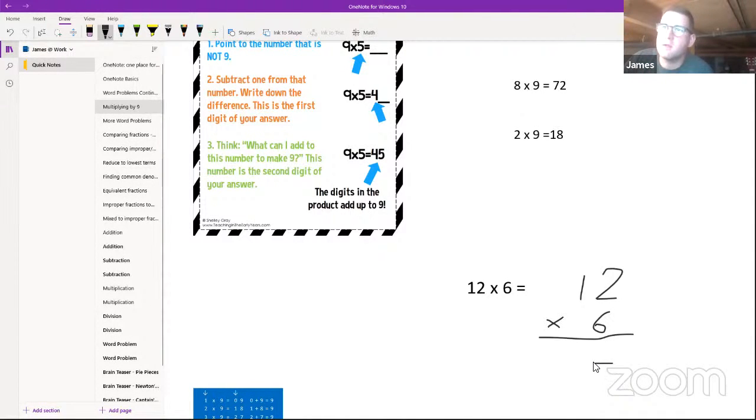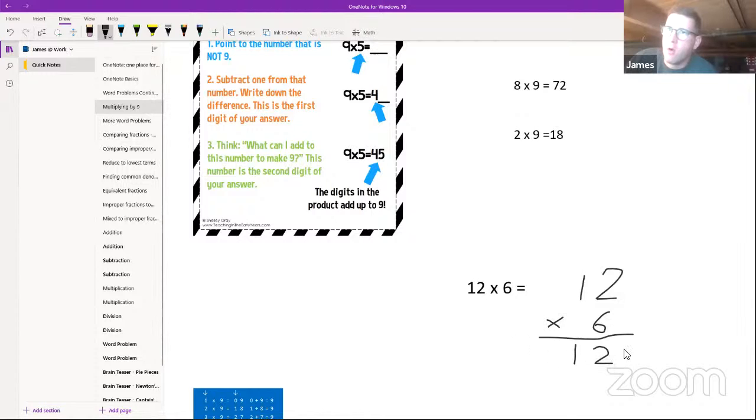Yeah, that's right. 6 times 2 is 12. So we write 12 down here. And that's 6 times the ones place. And then we go to the tens place. And we have a 1.